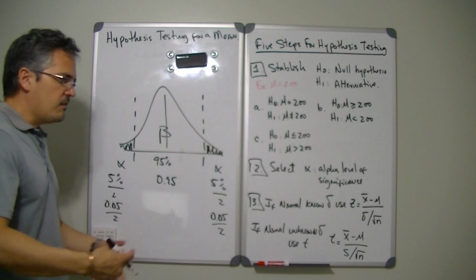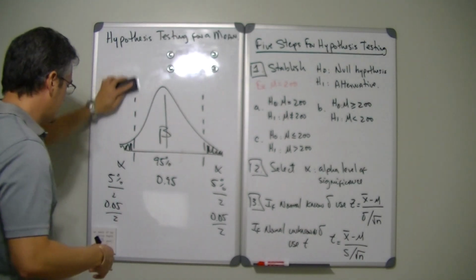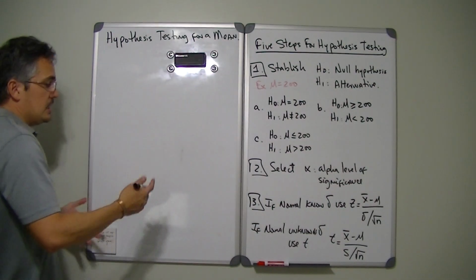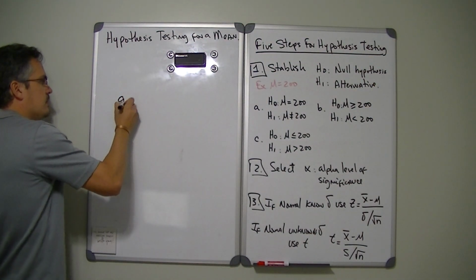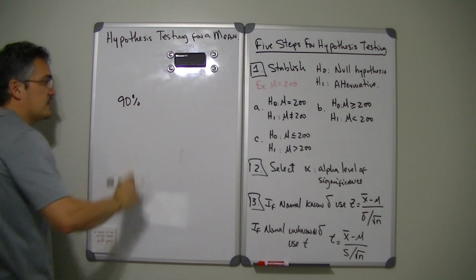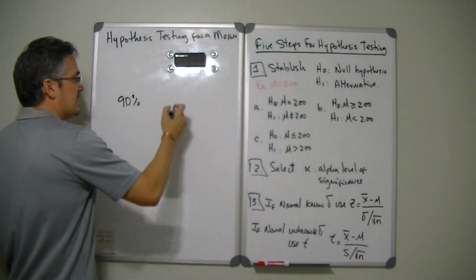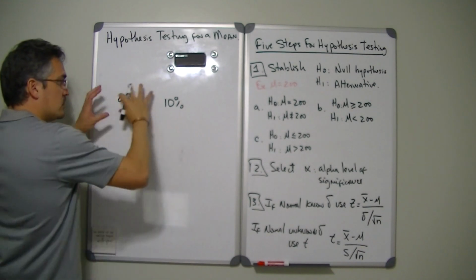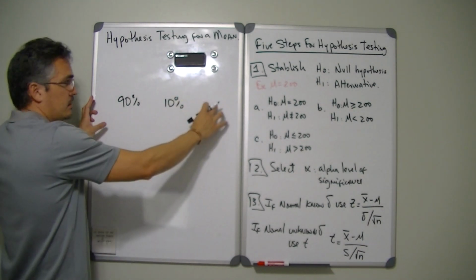Now again, the alpha represents the level of error. So if you want to be, say, 90% confident on what you're saying, then you're going to be selecting an alpha of 10%, because it has to add up to 1 in your probability curve.